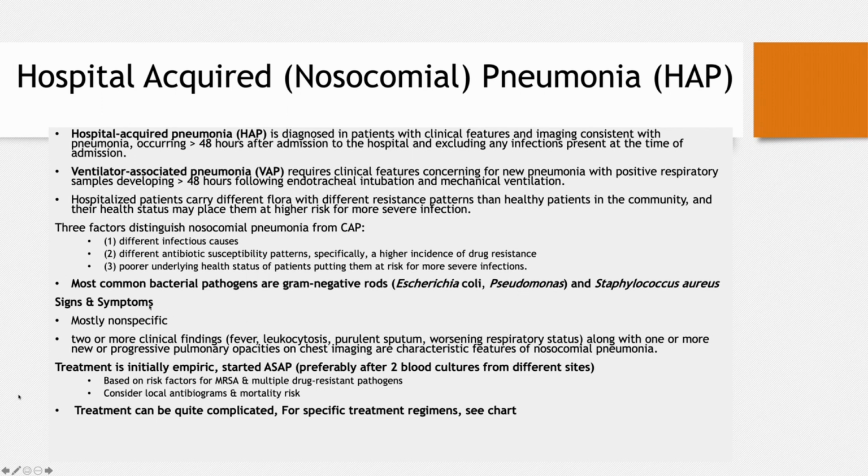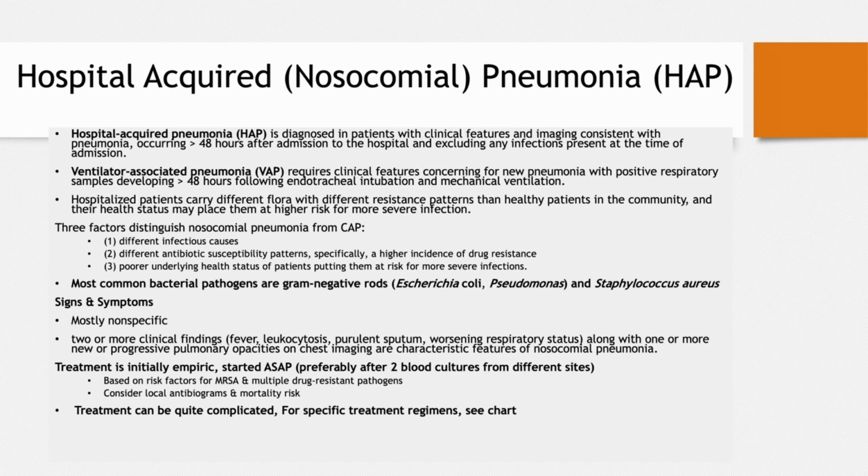Signs and symptoms can be kind of nonspecific. If you have fever along with new opacification on chest x-ray, that should trigger you to think of more of a nosocomial pneumonia. And then the treatment can be quite complex. You want to get 2 blood cultures from different sites before you start antibiotics.